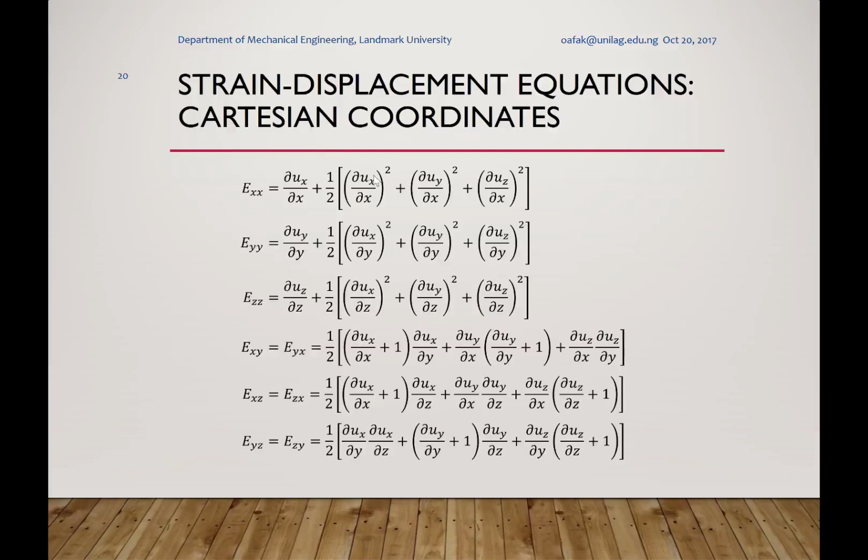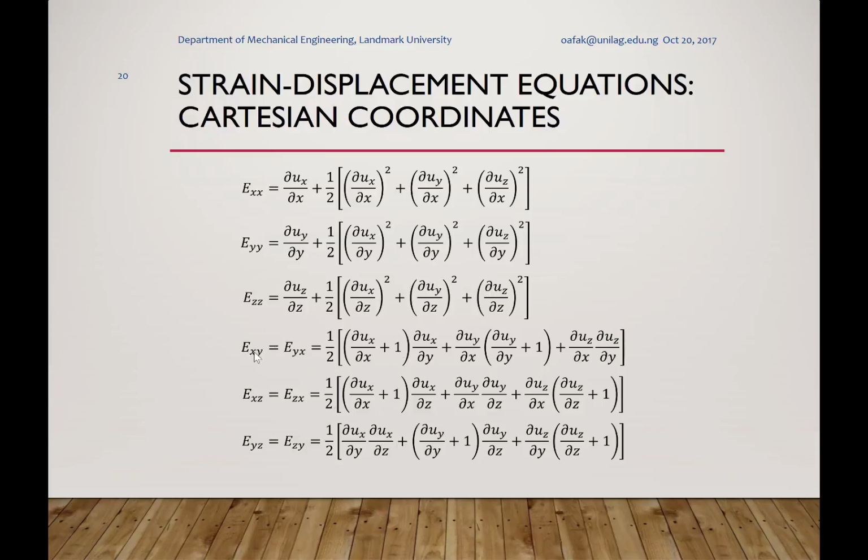The strain displacement equations in Cartesian coordinates. Here you have Exx is equal to this is the linear part and this is the nonlinear product part. Again, the linear part, the nonlinear product part for each of the 6 expressions.